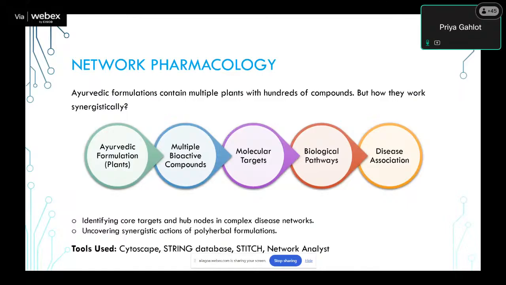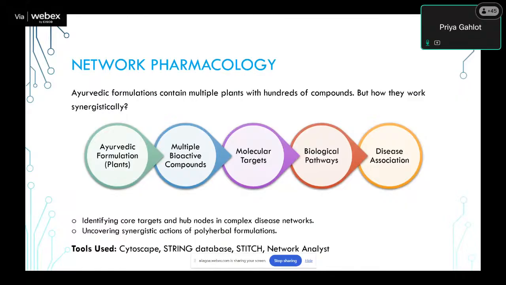There is another concept which we read about, network pharmacology. An Ayurvedic formulation contains multiple plants with many hundreds of compounds, but how are they working in our system? To answer that, we perform network pharmacology to see how they are synergistically linked. One Ayurvedic formulation may contain multiple plants, and those plants contain multiple bioactive compounds.